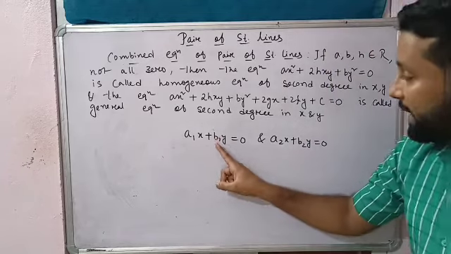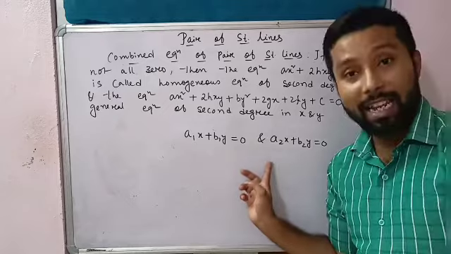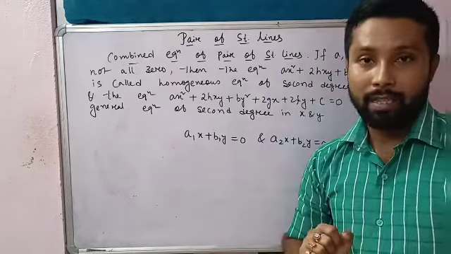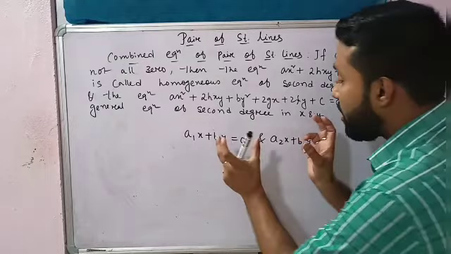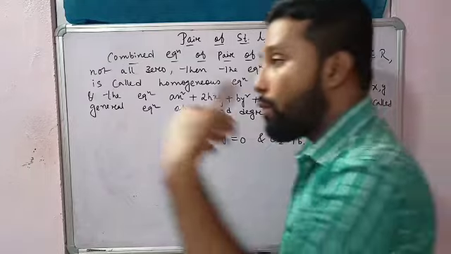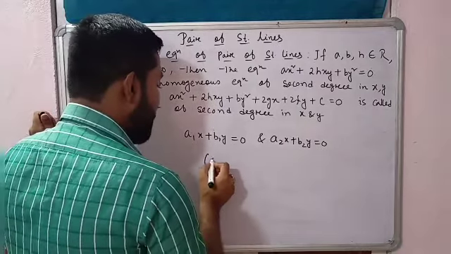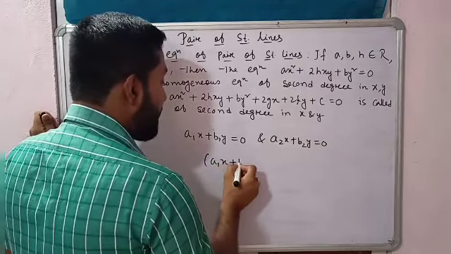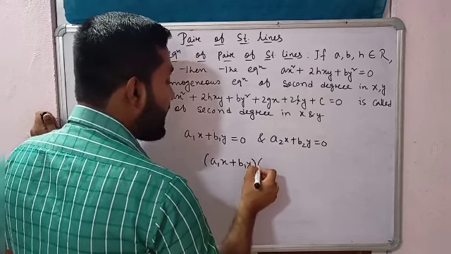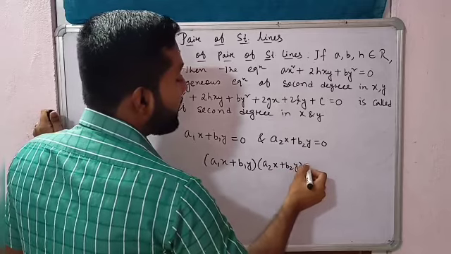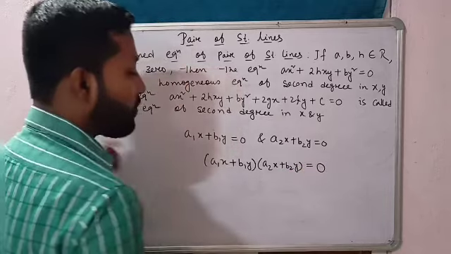So the combined equation of these two straight lines which pass through the origin. Listen, the combined equation of these two straight lines which pass through the origin is, look at here, a1x plus b1y into a2x plus b2y, this is equal to 0.